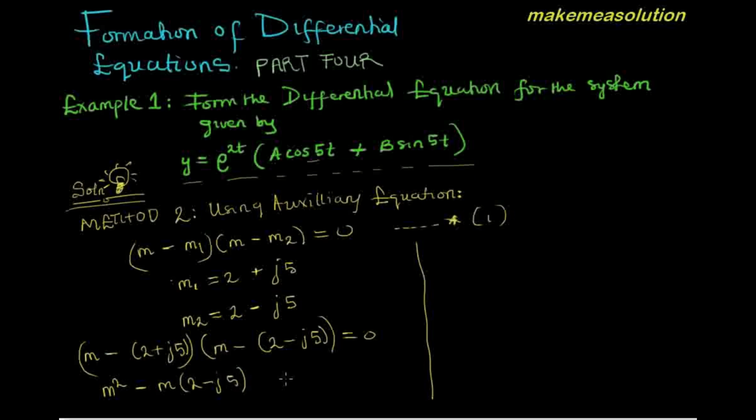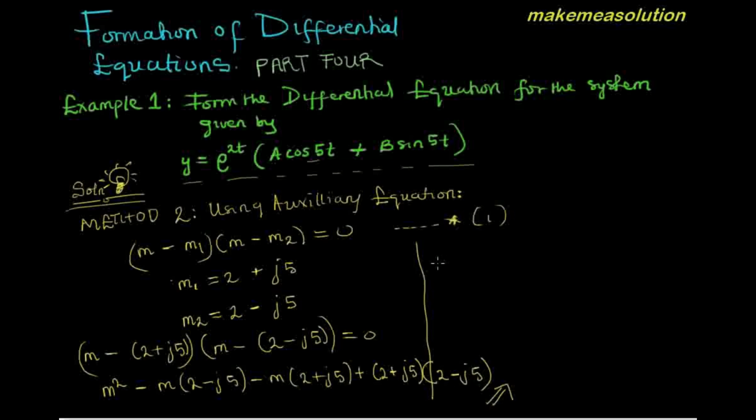Then this times this is minus m into 2 plus j5. And finally this times this is plus the product of the conjugates, 2 plus j5 multiplied by 2 minus j5. I'm just going to transfer the working up here.